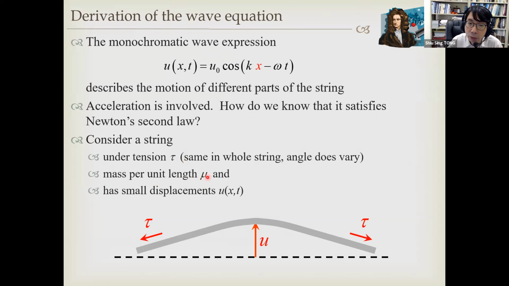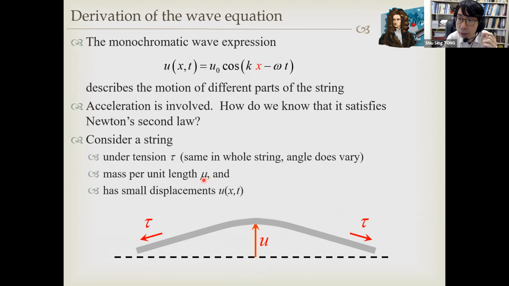So this is the mass per unit length, meaning that if you want to find, for example, the total mass of the string, you need to multiply mu by the total length of the string. Mu L gives you the total mass of the string. If you want to find the mass of a small part of the string, for example, a small part of length delta x, then the mass is given by mu multiplied by delta x.